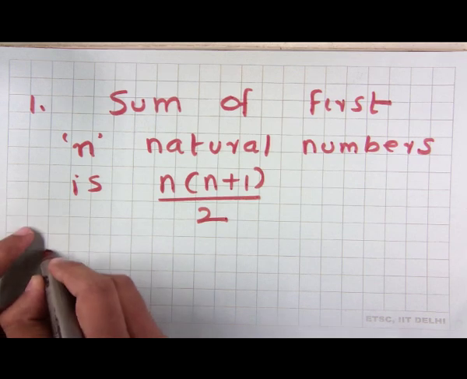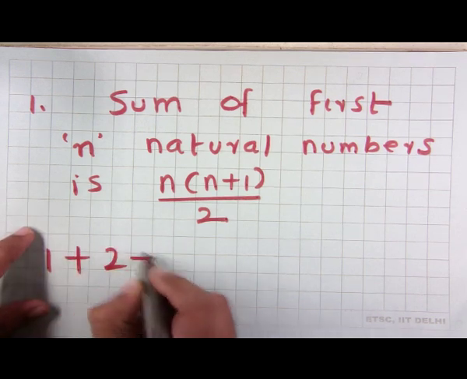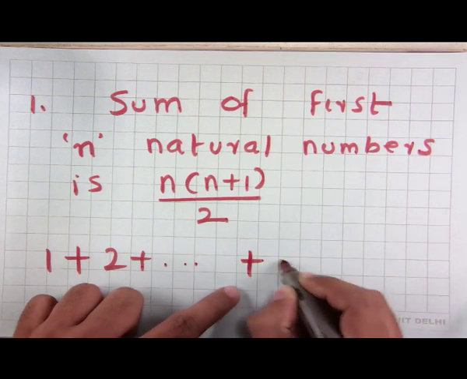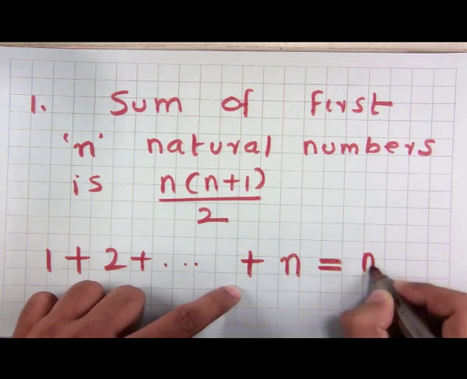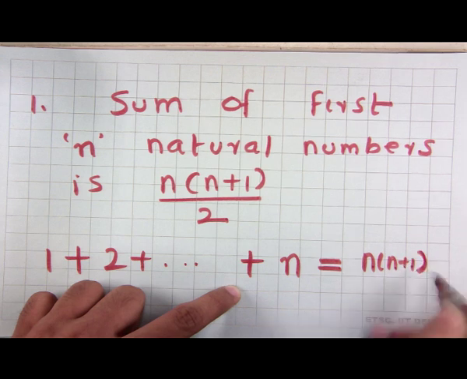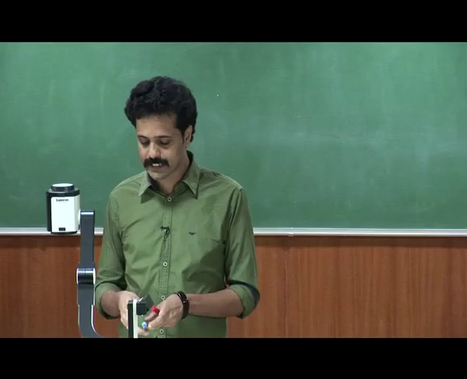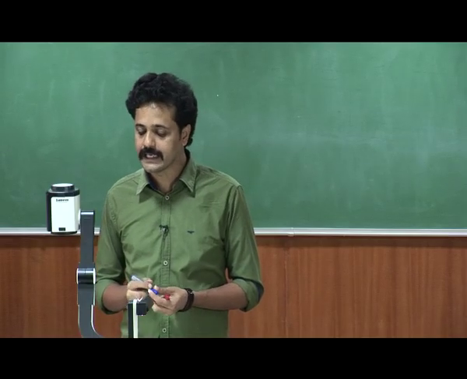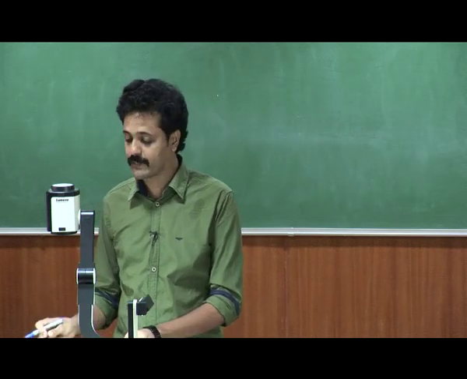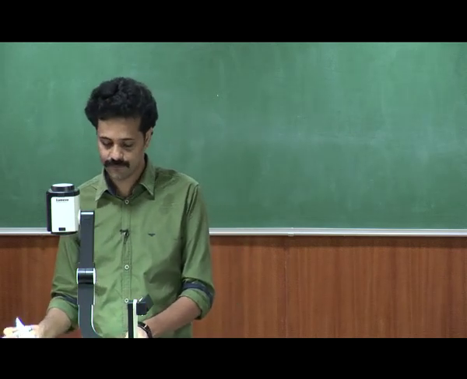To put in symbols, 1 plus 2 plus etc. up to n is equal to n into n plus 1 by 2. And this is a statement involving variable n, where n is a natural number. Suppose we wish to prove this statement is true for any n, we can use mathematical induction.